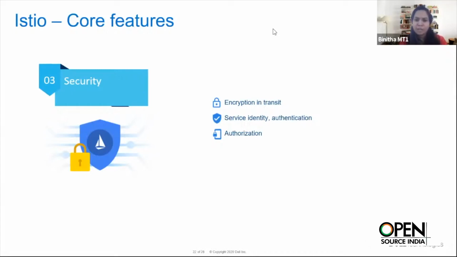There are a lot of features that Istio supports to make sure that you have a very secure environment and all your pods are running in a very secure environment. To name a few: encryption in transit, service identity, which we'll discuss now, and also authentication and authorization of your user as well as your request.